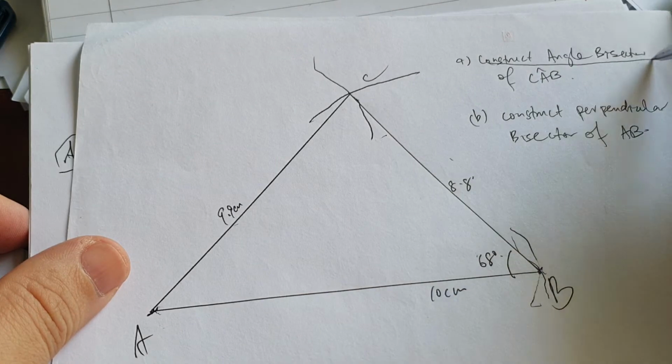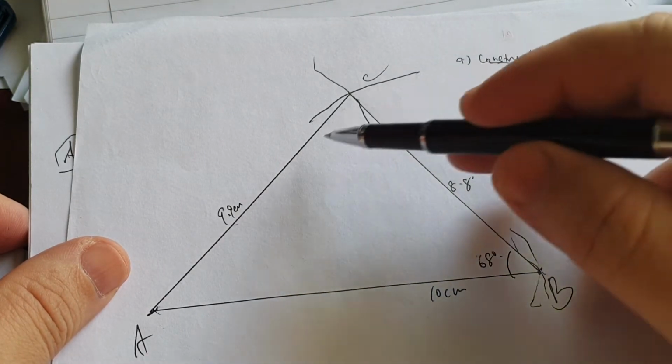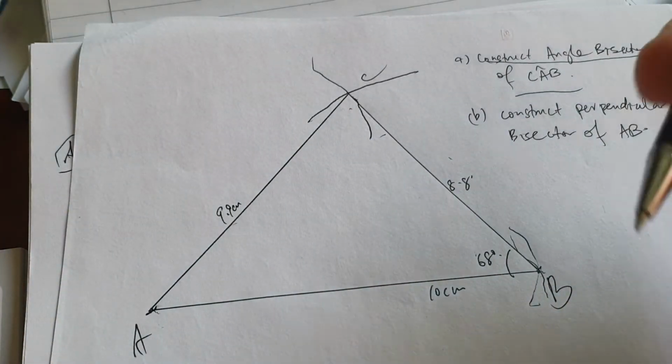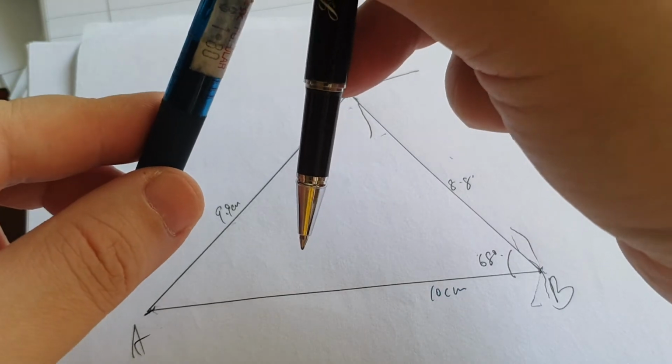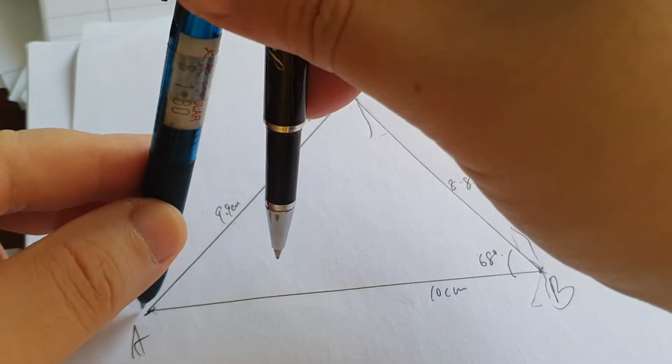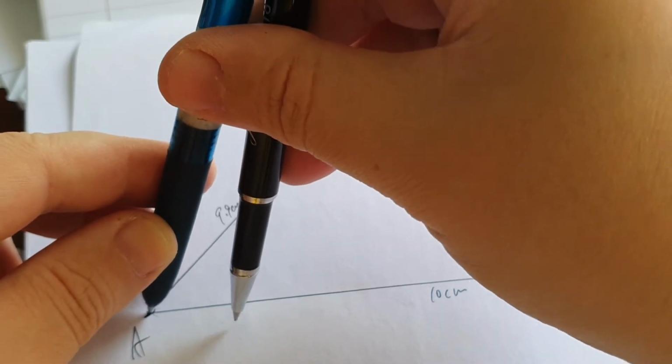Then when they ask you to construct an angle bisector, it is a line that cuts this angle CAB into two. So it's very easy. You just need to use your compass, or is it called protractor? Okay, never mind. You know this thing, right?